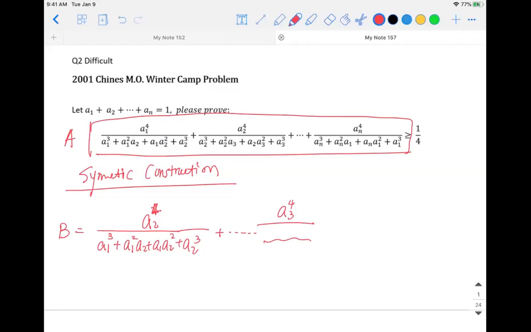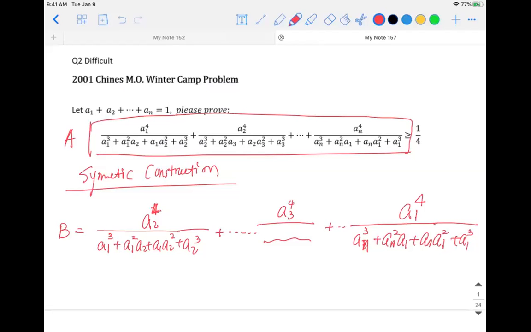Keep the same denominator. All the way, the last one will be an cube, an square, a1, a1 square, a1 cube. This part, I'm going to put a1 to the power of 4, instead of an to the power of 4. So this can make sure A and B are kind of symmetric, kind of comparable.